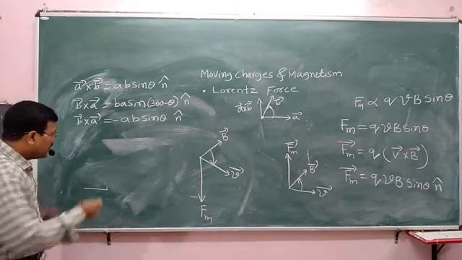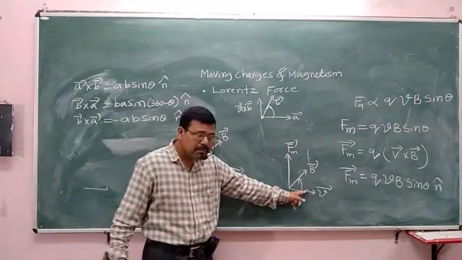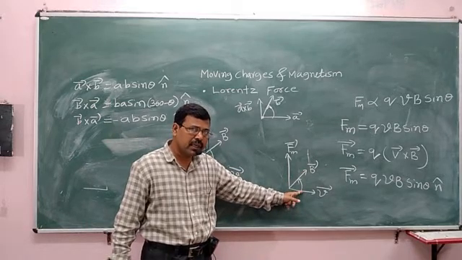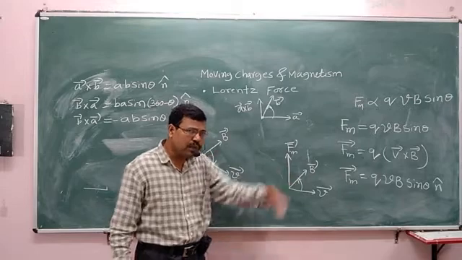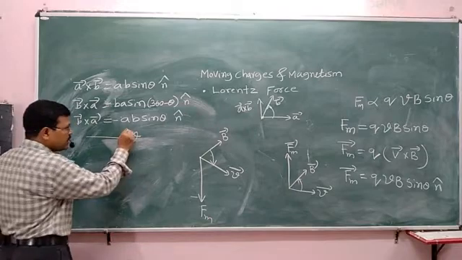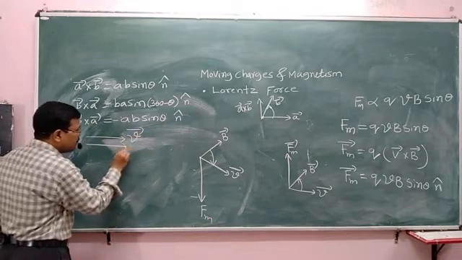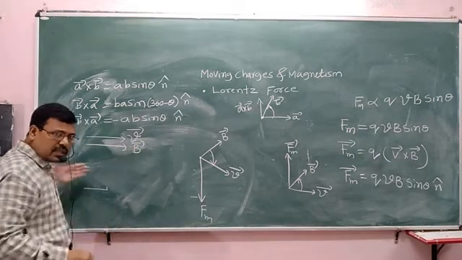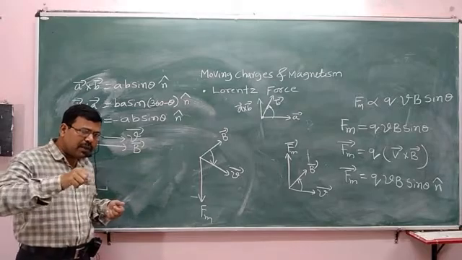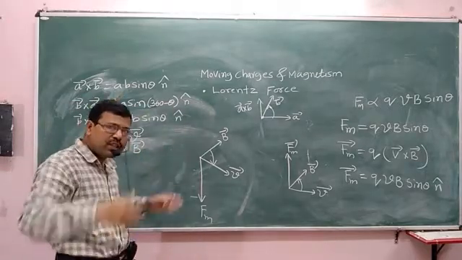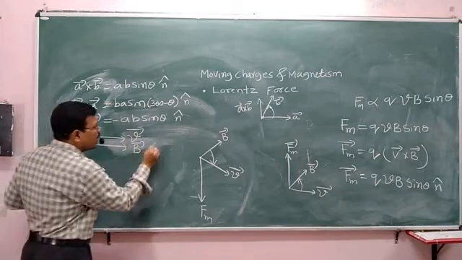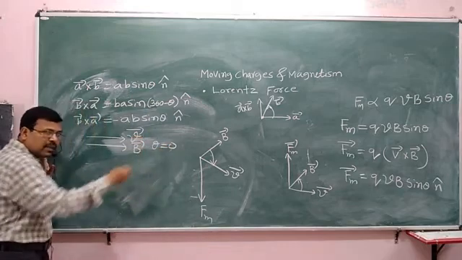Then coming to the angle between V and B. If the velocity of the charged particle and the magnetic field are in the same direction, for example like this, this is the velocity of the charged particle and the magnetic field is in the same direction. It means that the charged particle is moving in the direction of the magnetic field. The angle between velocity and magnetic field is 0.